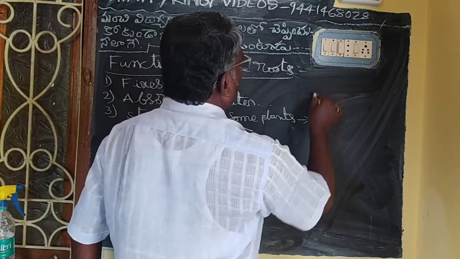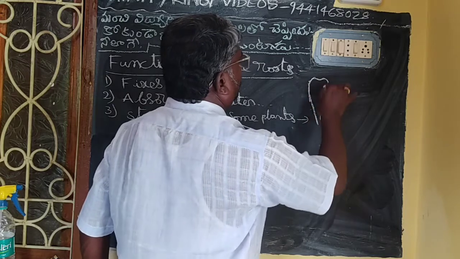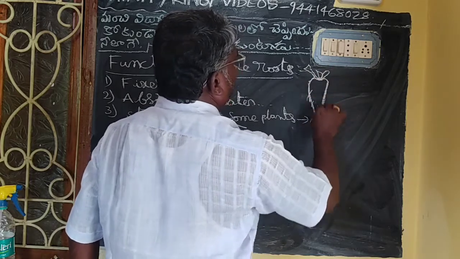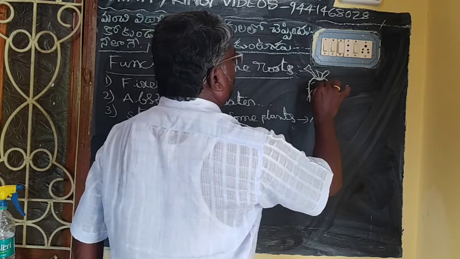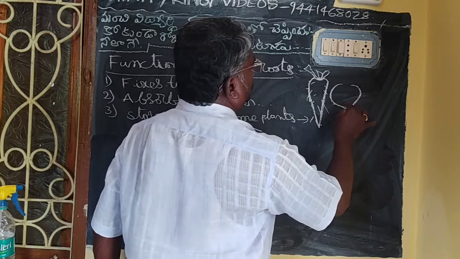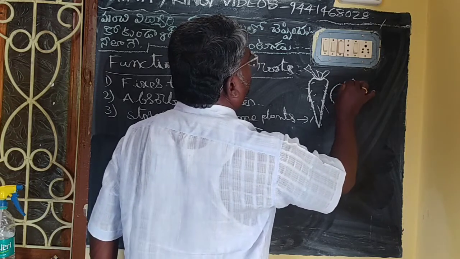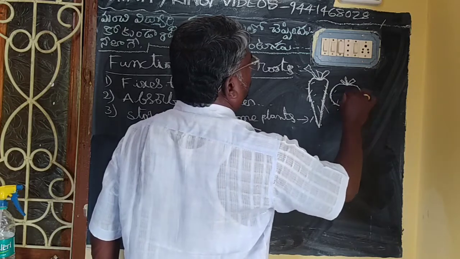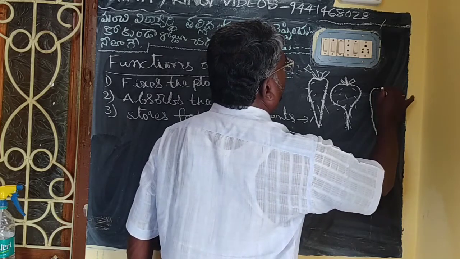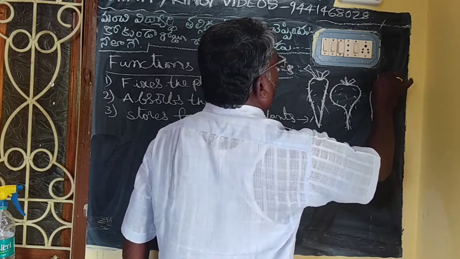Examples: carrot, these are the roots. Beetroot, this is the root. Beetroot, and radish, Mullangi.